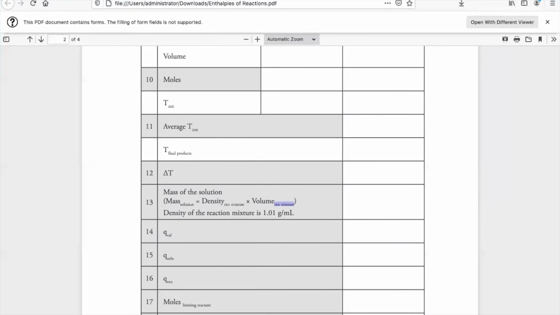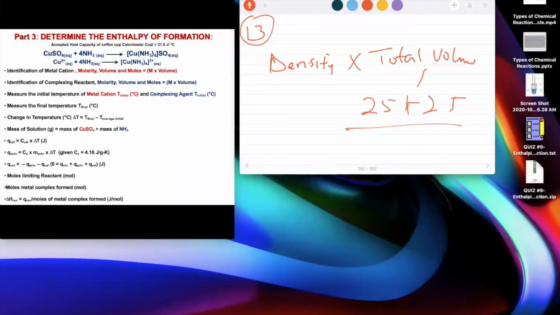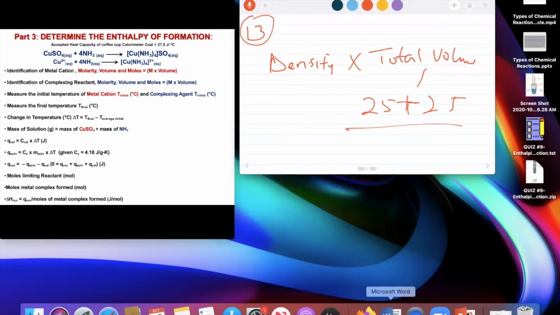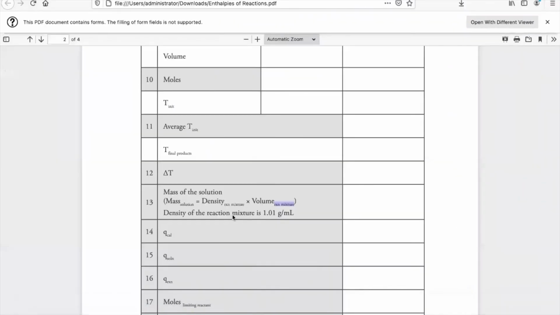You are given that in there. I'm doing number 13 there, 25 plus 25, and you have the density. You are given the density of the reaction mixture here. That will give you the mass.